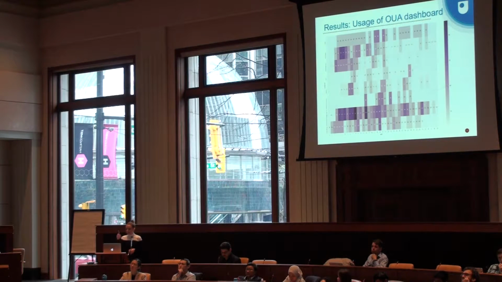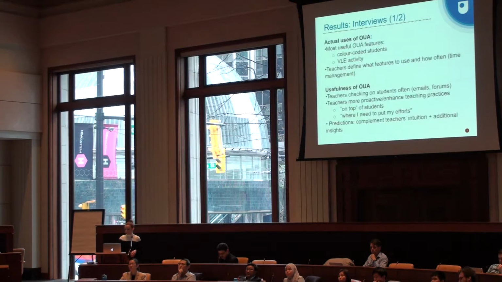As you can see, 2 modules, the education and the technology module, had more active participation in the first few weeks of the module presentation, because you can see that it's darker. But then the more the presentation is about to finish, teachers log in less or not at all, which actually means that they do not get any more insights from PLA and do not use this information to help their students.